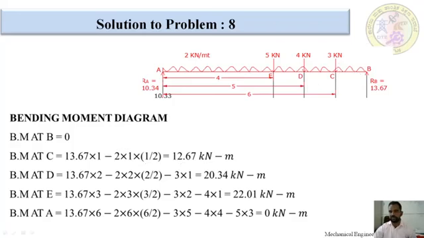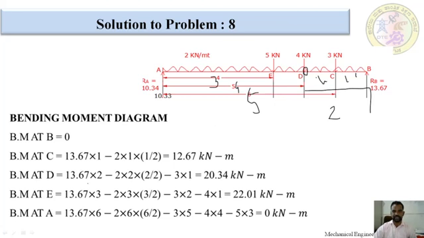After that we are going to calculate at D point. How are we supposed to calculate? First of all, first is 13.67 into this distance. How much? 2 meter. This is 1 meter, this is 1 meter. Just note down, this is 3 meter, this is 4 meter, this is 5 meter.